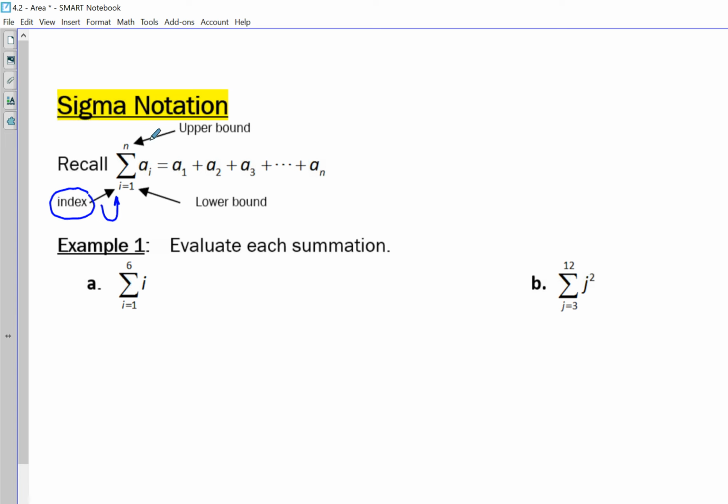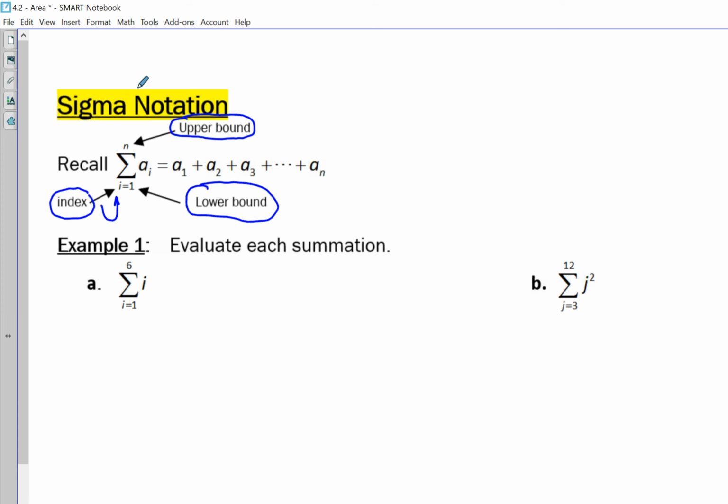We're going to have a lower bound, which doesn't have to begin with 1. It seems logical that it would often begin with 1, and most of our problems will, but like I said, it's not obligated to do so. And then you have an upper bound that quite often is going to be something numeric, but you're going to start to look at other approaches to these summation expressions where that n can be a little arbitrary.